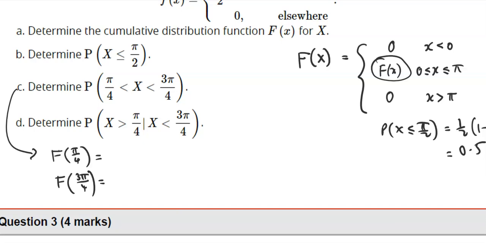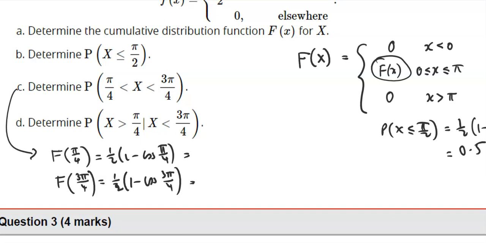We can put the two values in and subtract them. So you can do that value, because that gives you the area up to pi on 4. Then you can do the area up to 3 pi on 4. And then you subtract those two.